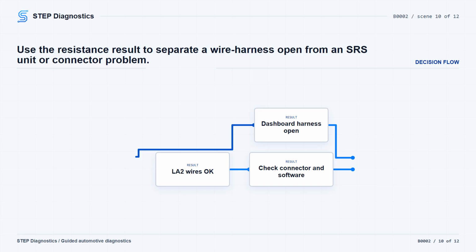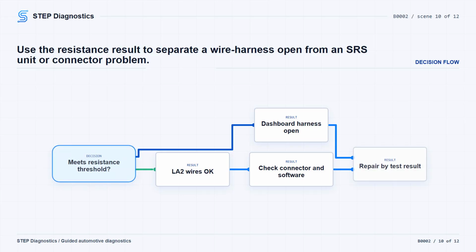At that point, the remaining call is a faulty SRS unit or a poor connection at SRS unit connector and the SRS unit. Check that connection. Before replacing the SRS unit, check the SRS unit software version with the HDS. If the software is not the latest, update the SRS unit software and retest.